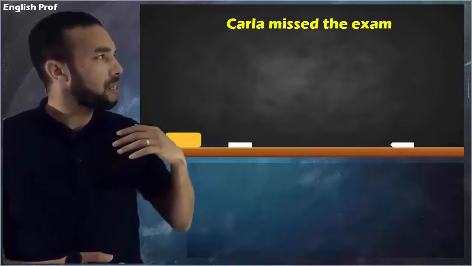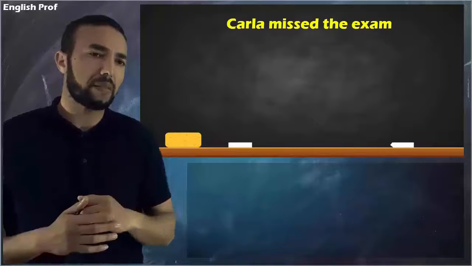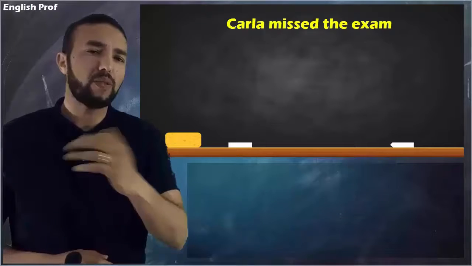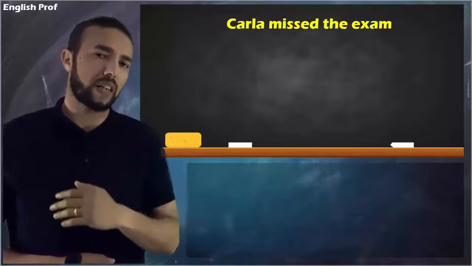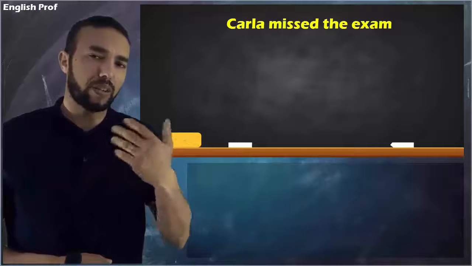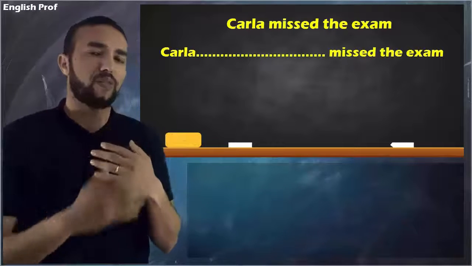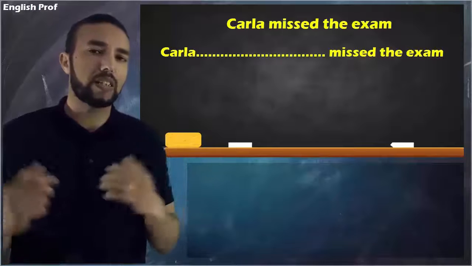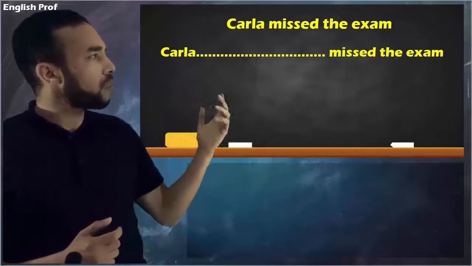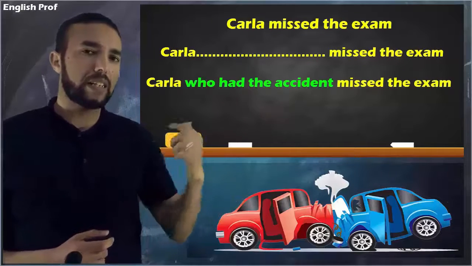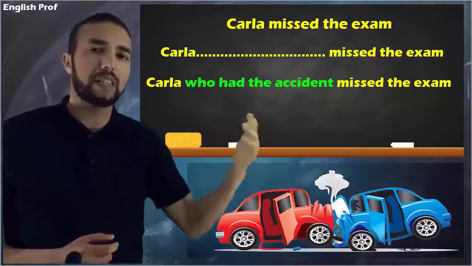We could use another example. Carla missed the exam. If you have one Carla, for example, in the classroom, this one is clear. But what if you have more than one Carla? You have two Carlas or three. You need to specify. You have to give us more information. Who is this Carla? So I could say, for example, Carla, who had the accident yesterday, missed the exam.